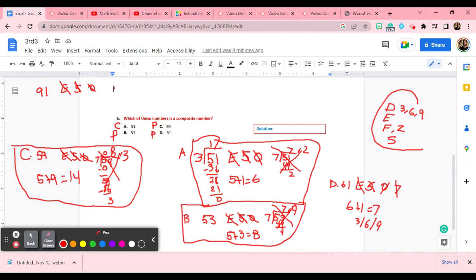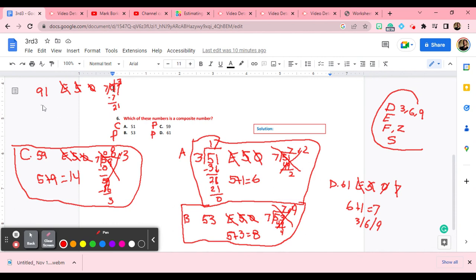Well, let's check. 91 divided by 7. Oh, it is. 1 times 7 is 7. Subtract. And you get 2, 1. So it's 13. Okay, well, that wasn't exactly my intention, but we showed that 91 is not prime.